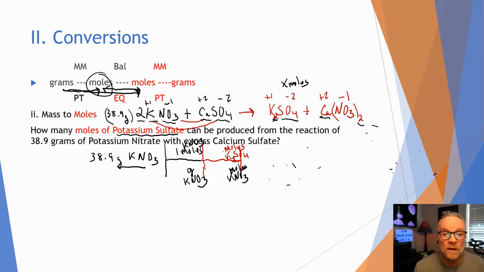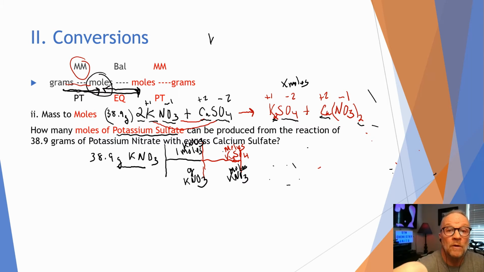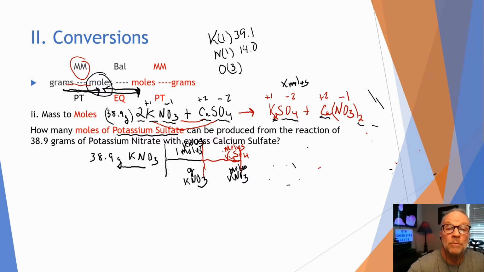So the first one will need the molar mass, because when you go from grams to moles, you need the molar mass. So let's do a molar mass of potassium nitrate. We have 1 mole of potassium in the compound, 1 mole of nitrogen, and 3 moles of oxygen. Potassium's 39.1 grams per mole, nitrogen's 14 grams per mole, and oxygen is 16 grams per mole.